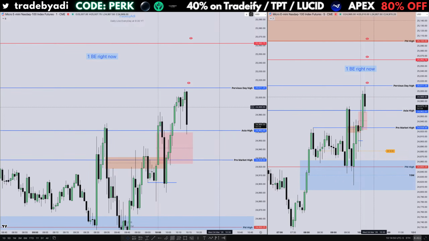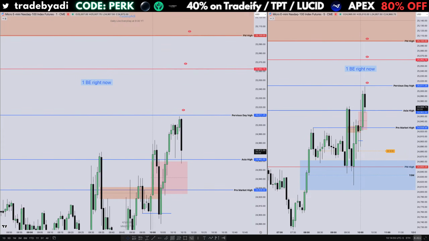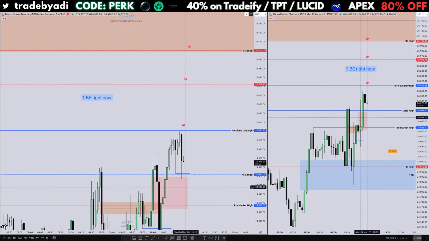This is the shittiest price action you're going to trade, because we are in a range right now. I hope this is the stop run and we can have some kind of continuation to the buy side liquidity.